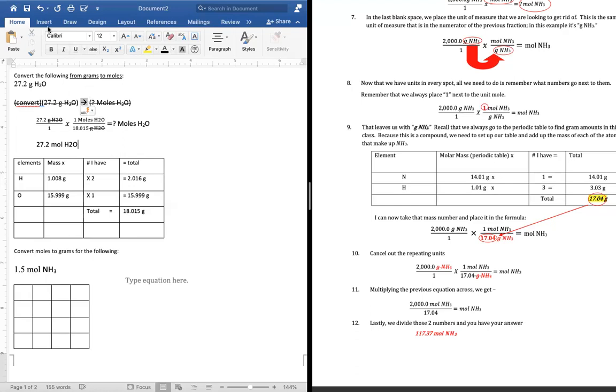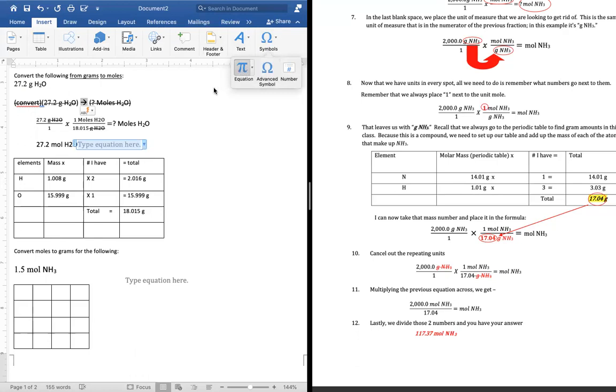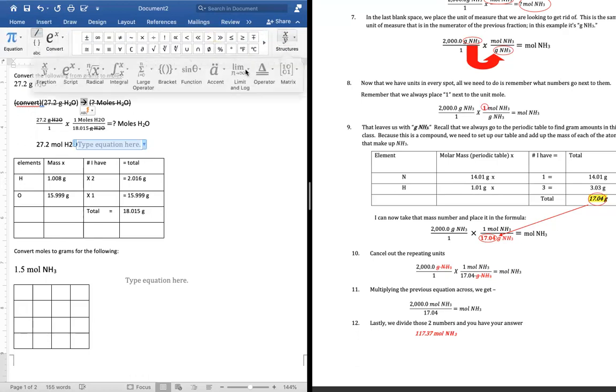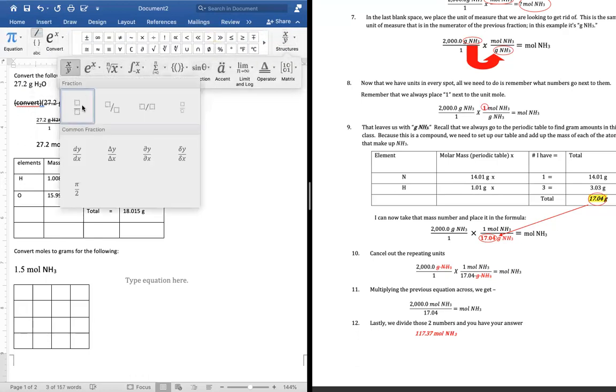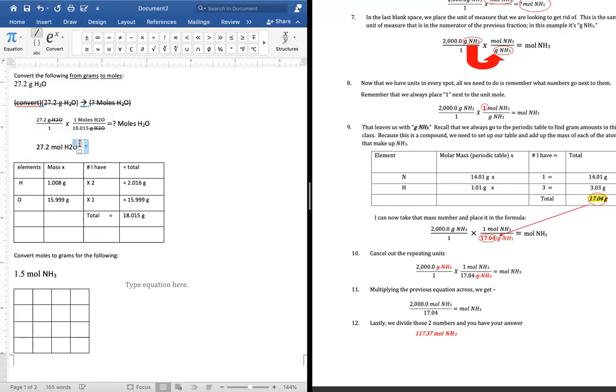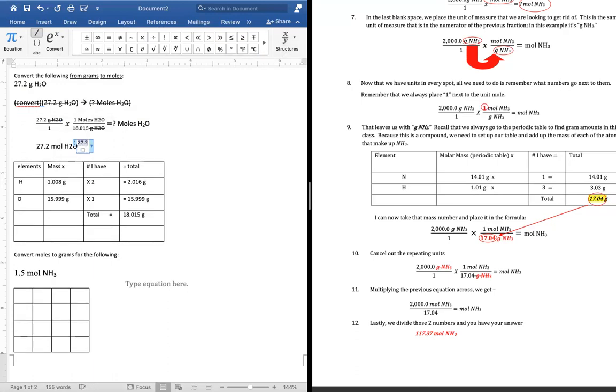And then on the bottom, let me take the time to put an equation in here. I'll put the actual fraction bar down. So 27.2 moles H2O, that's on top.